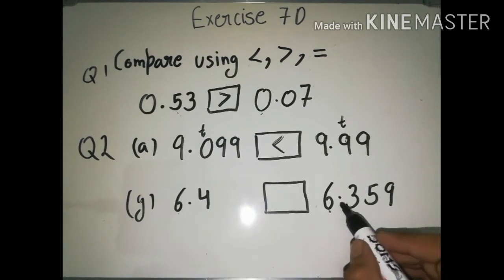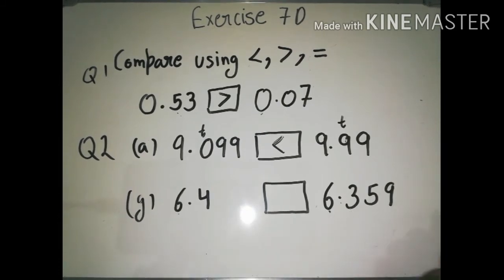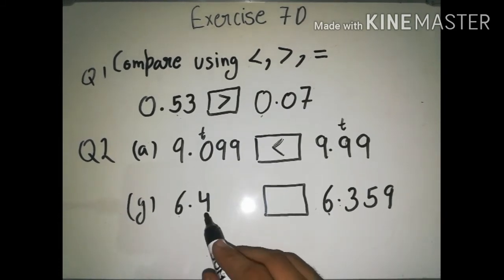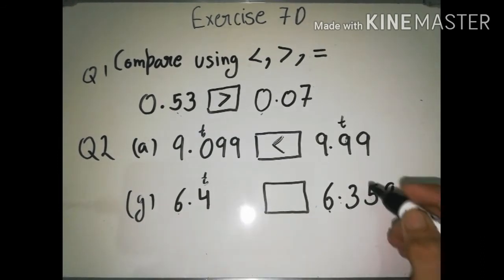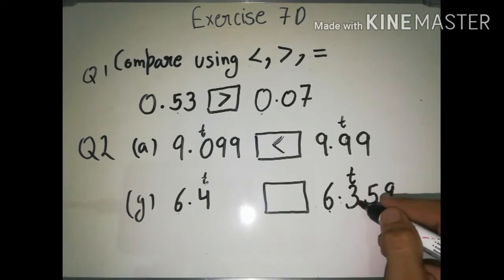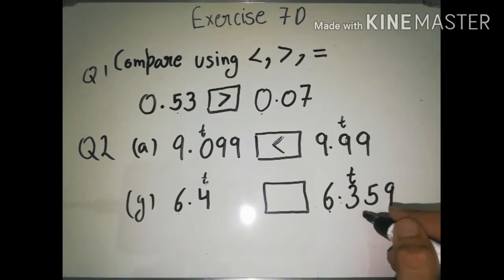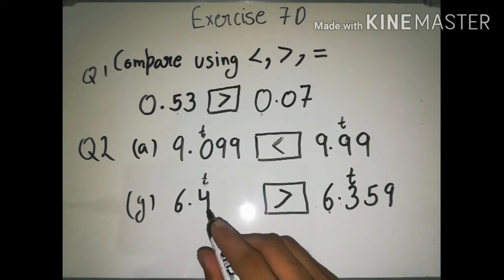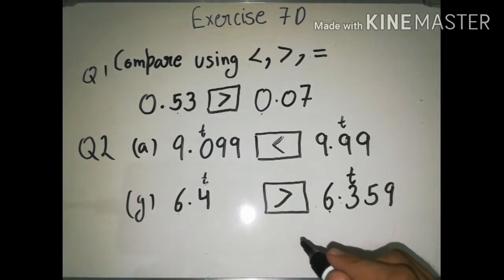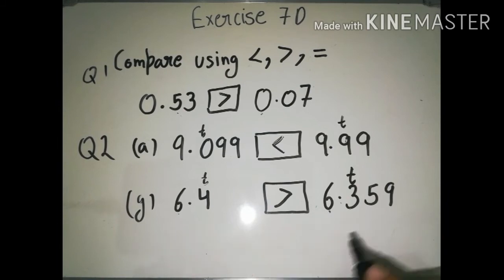Then decimal, then tenths place. On the tenths place, which comes right after the decimal, that is 4 and here in this number on the tenths place there is 3, means this decimal number is bigger because 4 is bigger than 3.